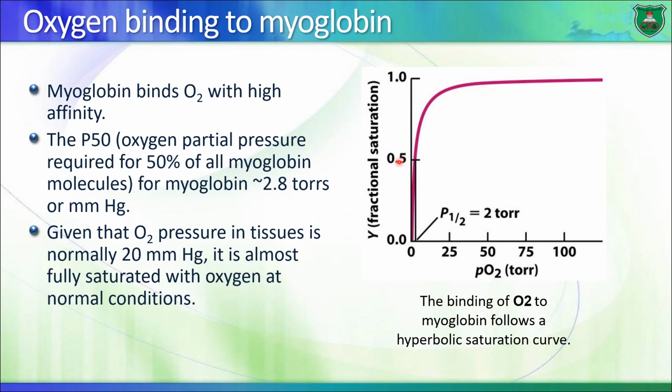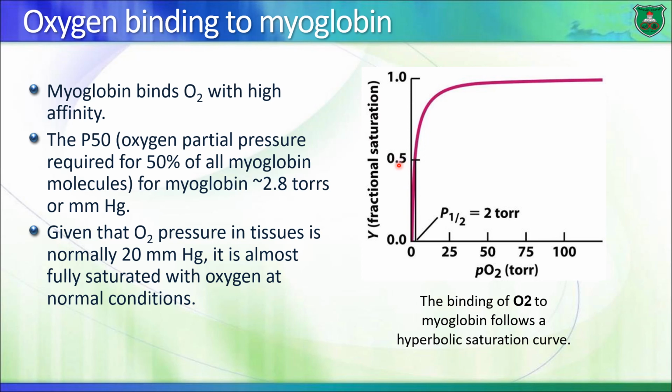The 50% mark gives you an idea about things like affinity of binding. What we mean by affinity is strength of interaction, how strong two molecules interact or bind to each other. Now the 50% mark gives you an idea about the affinity.